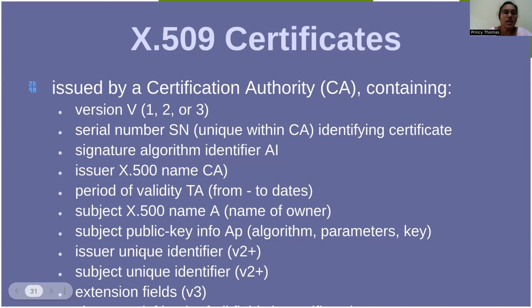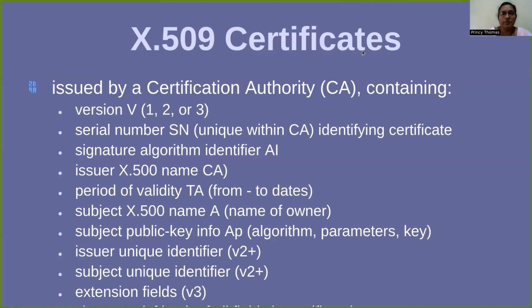In the case of version 2, there is also an issuer unique identifier and a subject unique identifier. In version 3, there are extension fields also.